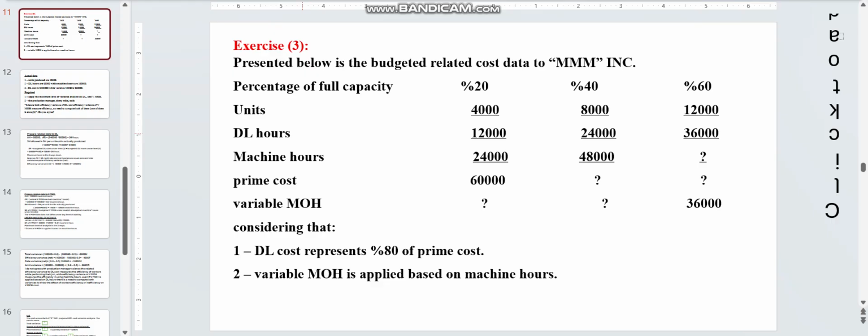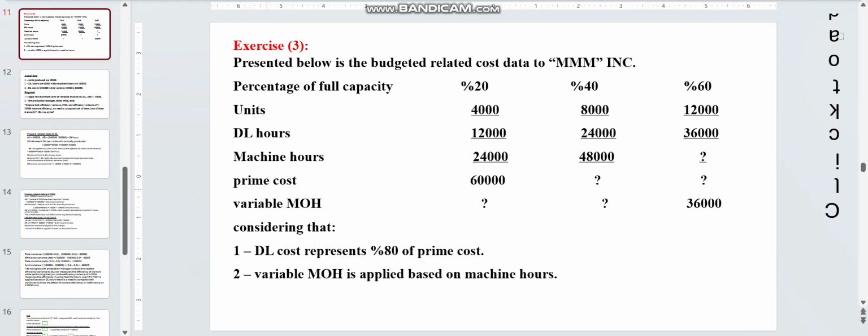Similarly, under these levels of activity, direct labor hours were 12,000, that refer to 20%, 24,000, 40%, 36,000 as 60%. Machine hours 24,000, 48,000, and unknown.